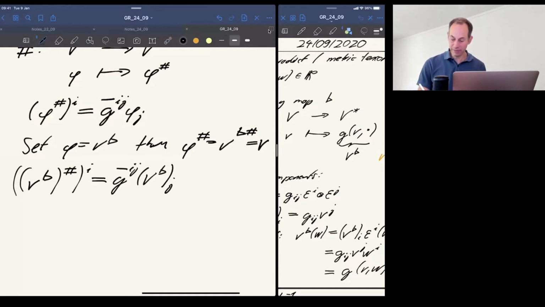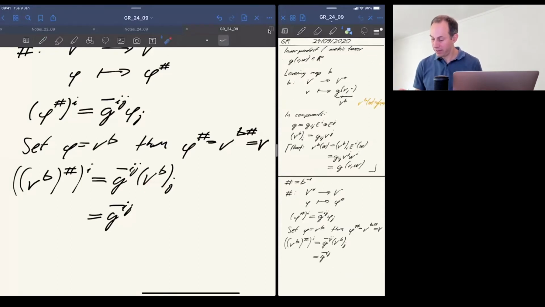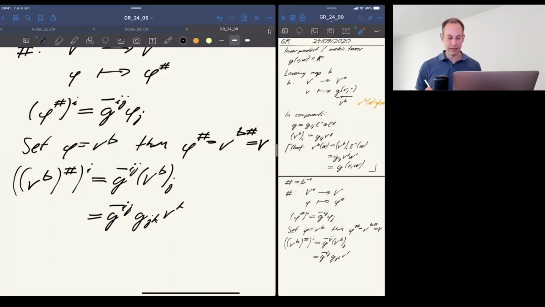Conversely, I can again use the rule that defined v_b. Remember, v_b is given by this expression here, so I insert this expression in my calculation. Of course, I need to use other indices to avoid a clash, so let's call them j and k instead of i and j. And then the v should have the index k upstairs.